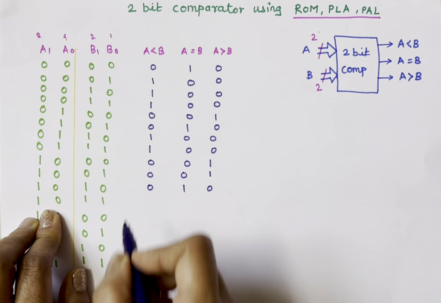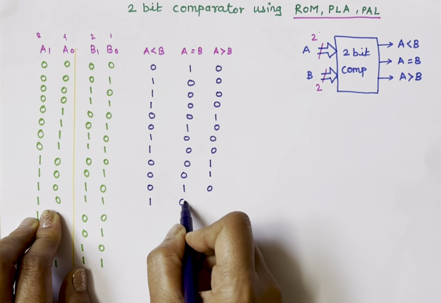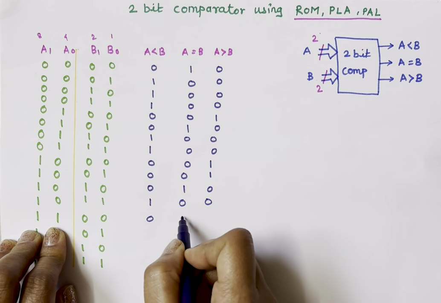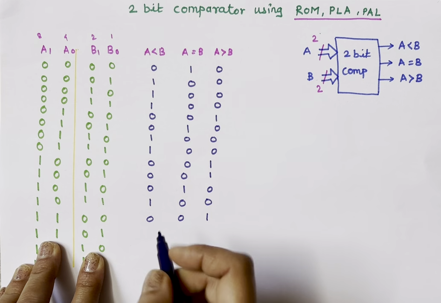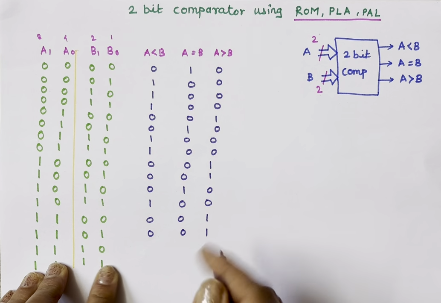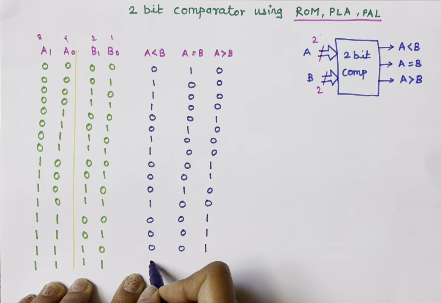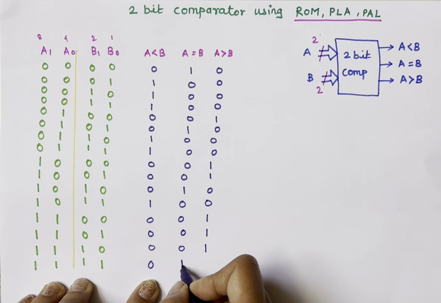This is 2, this is 3, so A less than B. Then 1 1 0 0 is A greater than B, 1 1 0 1 is A greater than B, and 1 1 1 0 is A greater than B. And here, 1 1 1 1, A and B are both the same, so A equals B.